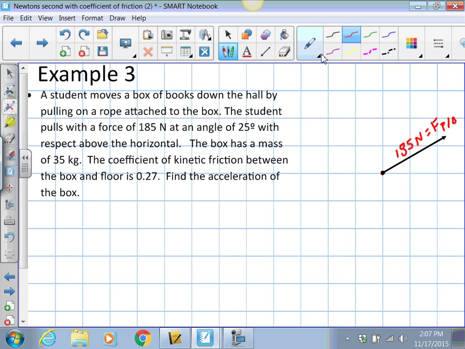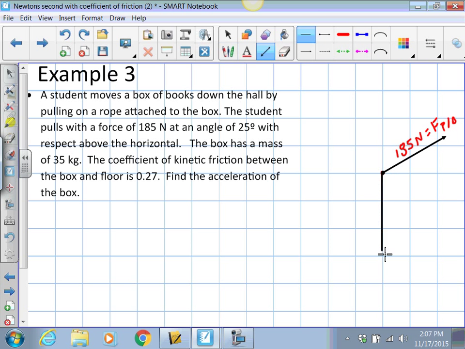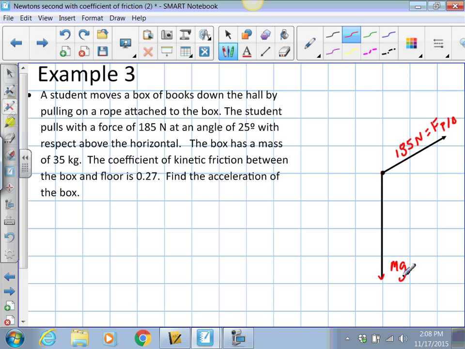We've got a weight. We know that we have a box with 35 kilograms worth of mass, so we can construct a downward vector. This is going to be m times g, the force of gravity, which is going to be 35 kilograms multiplied by negative 9.8.